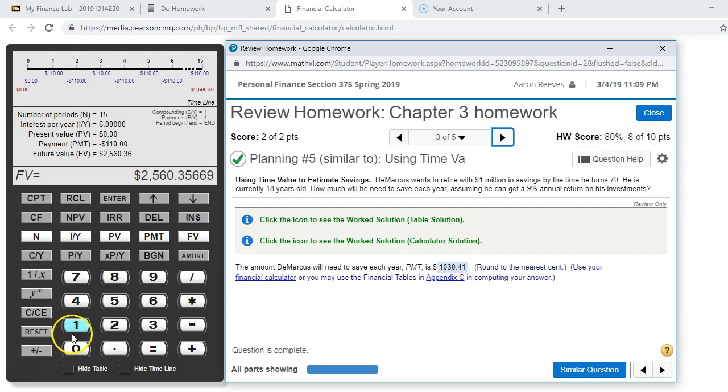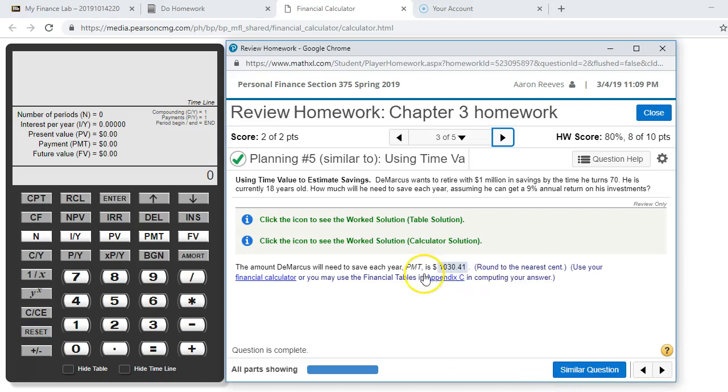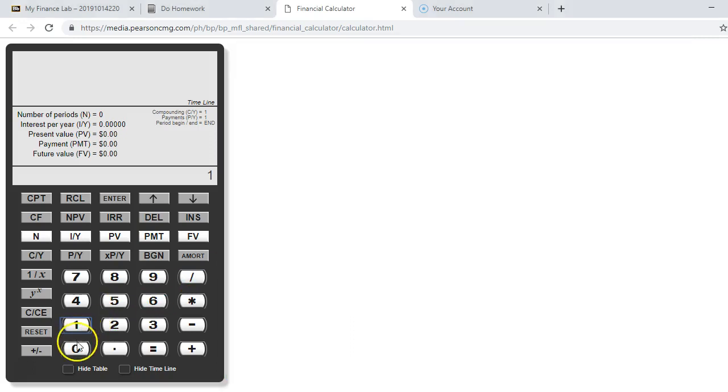payment amount. So let's reset our calculator and put in our factors. So the 1 million represents the future value. So I'm going to put in 1 million. And it doesn't matter which order you put these factors in. Again, I'm going to put it as a negative number and hit FV for future value.